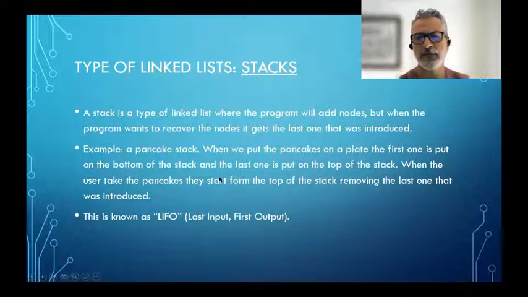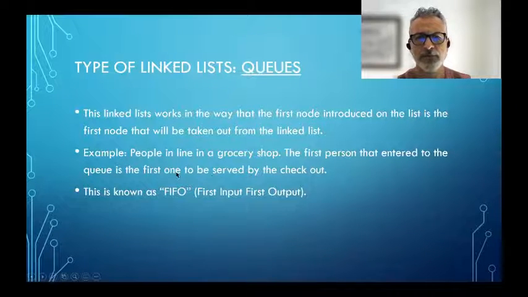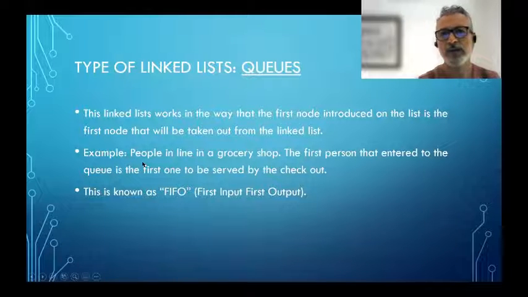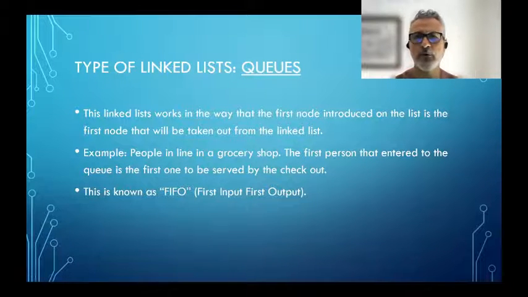I hope it's clear. Queues. This linked list works in the way that the first node introduced on the list is the first node that will be taken out from the linked list. And here the example is when a group of people is waiting in line for the checkout in a grocery store, for example.